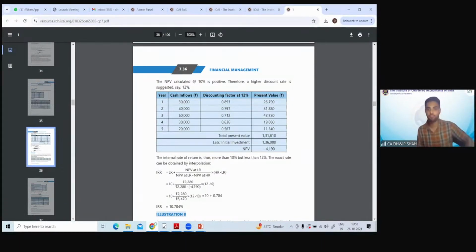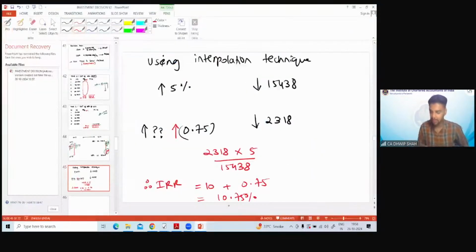We have taken a gap of 5%, whereas in the solution they have taken a gap of 2%. So there would be a small difference in the answer, but it is approximately the same. When you calculate NPV at 10.75%, it would be nearly or exactly zero. Okay? Everyone understood the IRR technique?